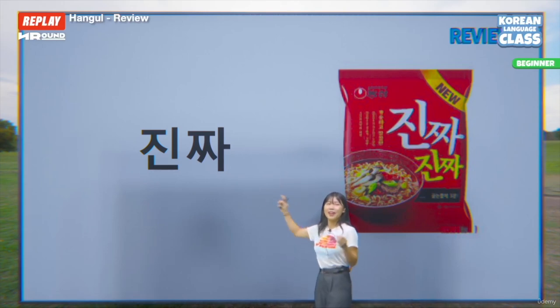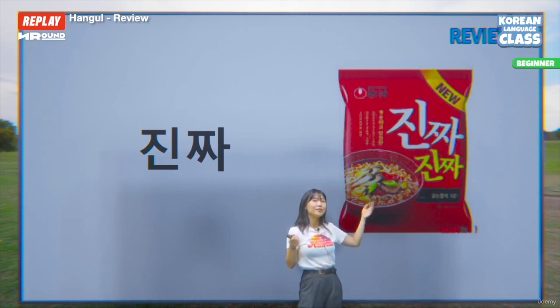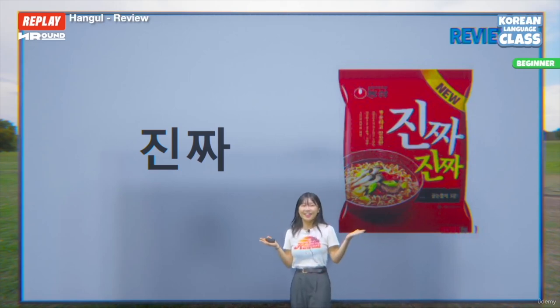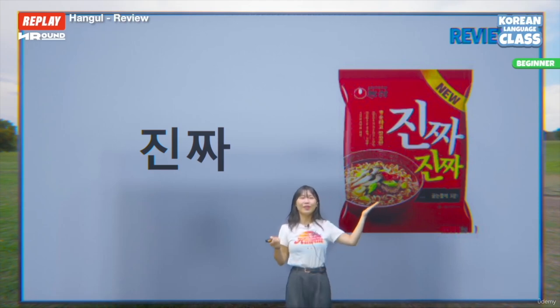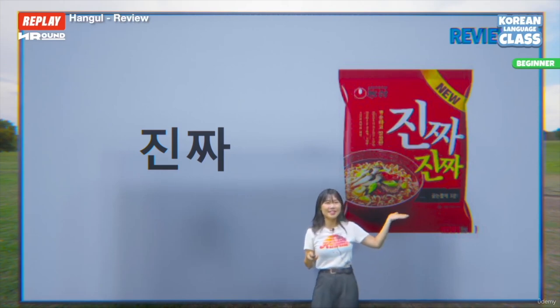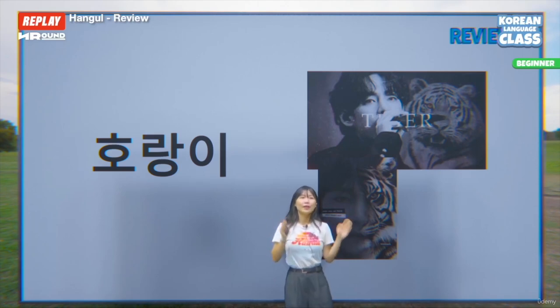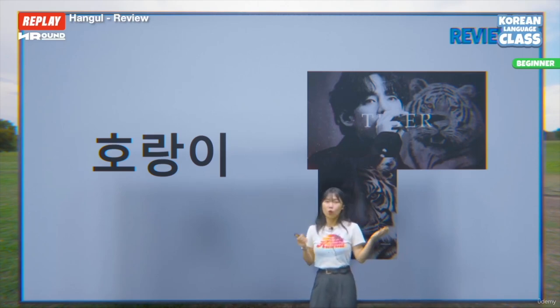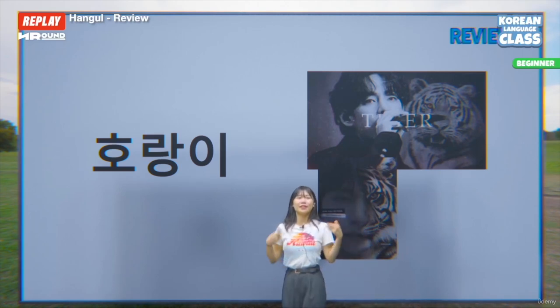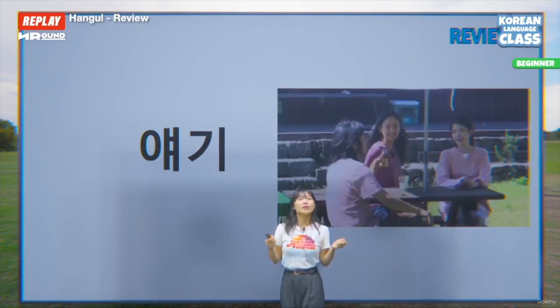And let's try to read this one. The batchim underneath, we didn't learn it yet, but still we can read it. 진짜? Really? 진짜. So this ramen was really spicy ramen, right? How about this? What was this animal? 호랑이. Yes, it was a tiger. What was this?